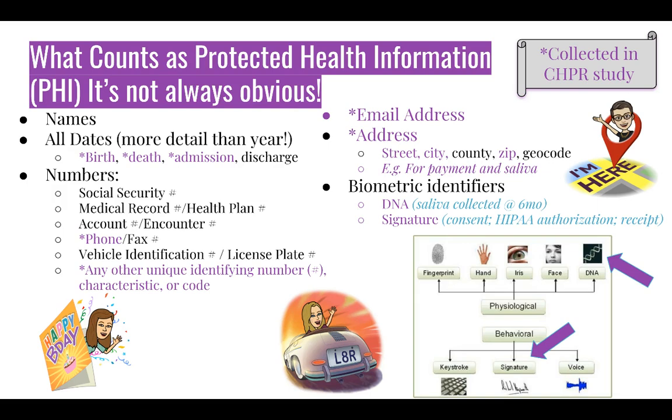So you want to make sure that you're protecting that information of the patient. And these things that we've highlighted in purple are things that we'll definitely be dealing with in our particular study, so pay close attention to those. And like I said, admission date is not so common sense.